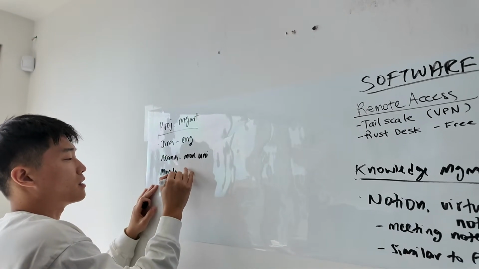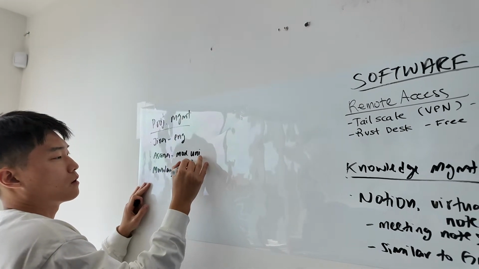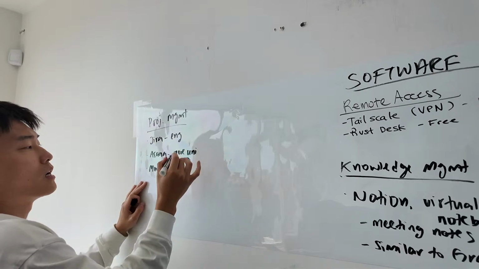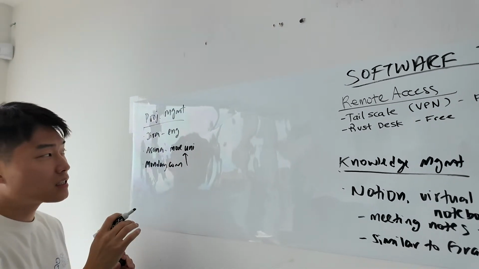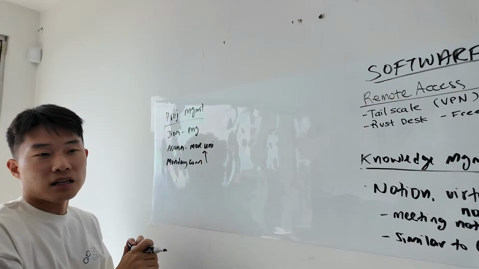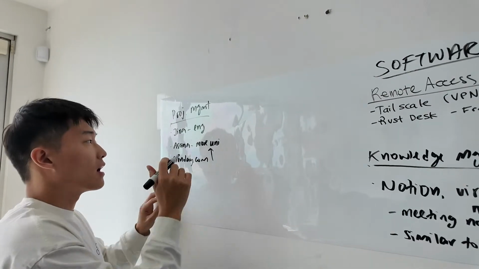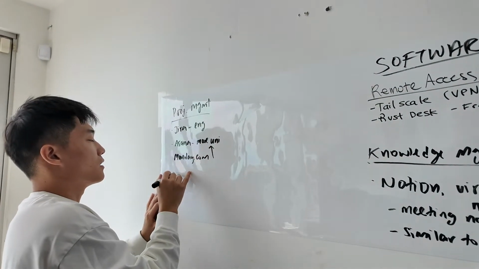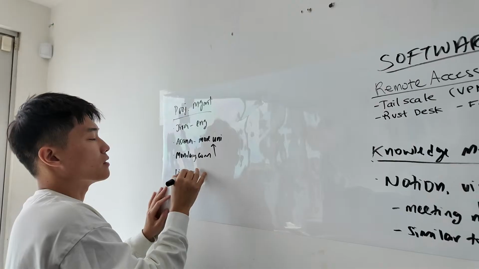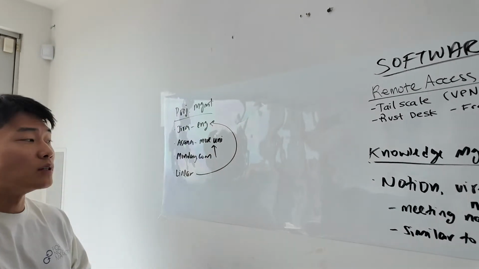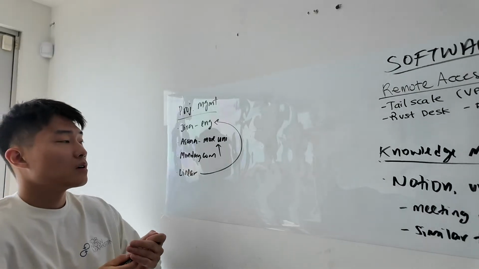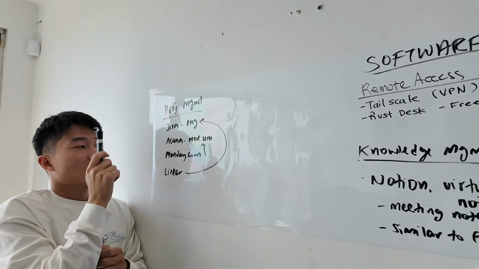There's also Linear, which is definitely more engineer friendly. Linear is what the cool kids are using, but it's definitely more engineering focused. I would not use it for my personal project management.